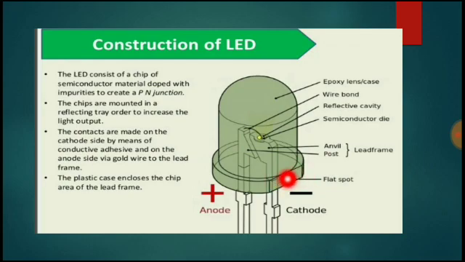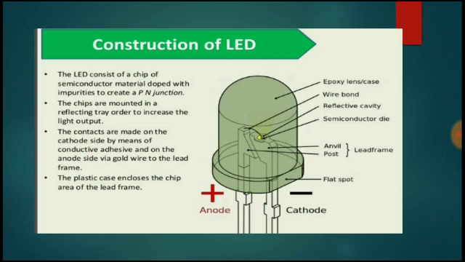Near this flat spot there is a terminal, the negative terminal. The other terminal is positive. Now come to the parts first. This part is the lens. The top of the LED is the lens, and it is made up of fiber.